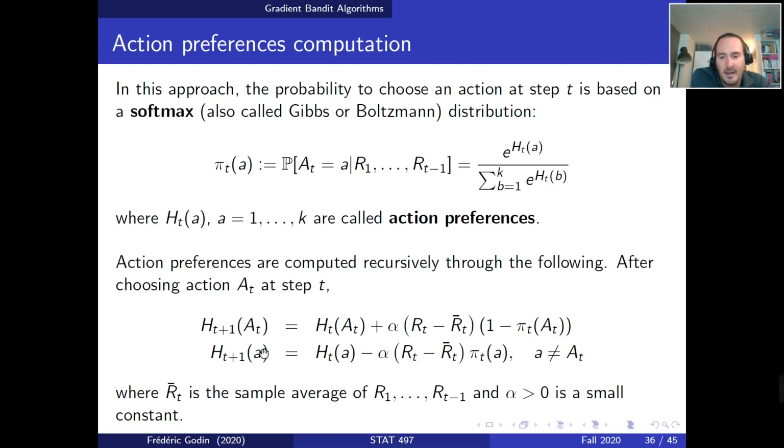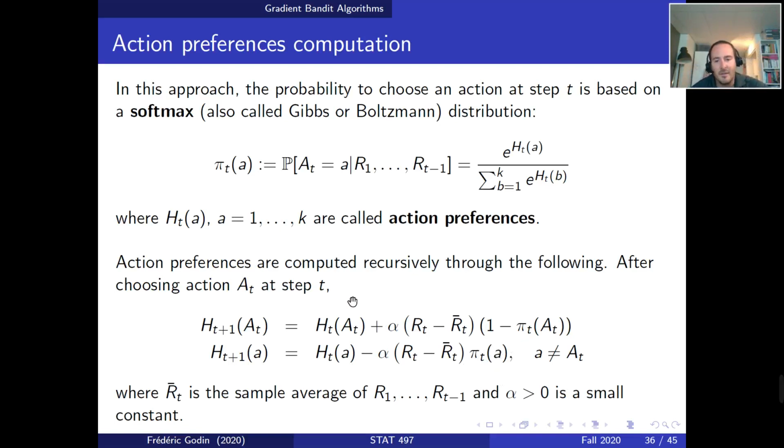Conversely, at time t plus 1, the action preference for all actions other than the one selected at time t is the previous preference minus alpha times (R_t minus R_t bar) times pi_t(a), which is the probability of selecting action A at the tth play.